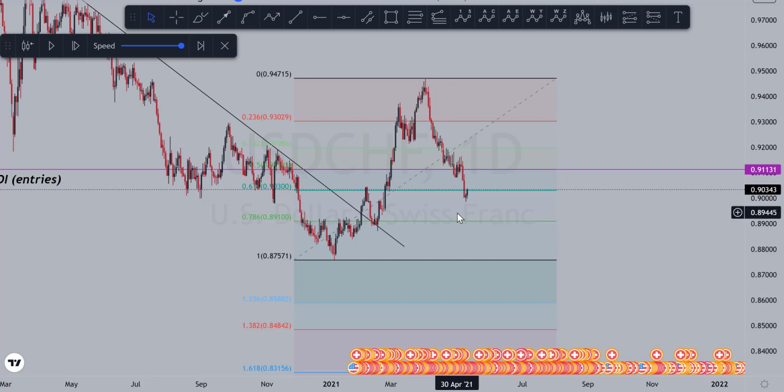So if we are looking to buy this market going to the upside, we would want to buy at a discount position. At 50% exactly, we are simply saying the price there is in equilibrium. So it's balanced price there. But what we would want to do is buy the dip. So we want to buy in a discount.